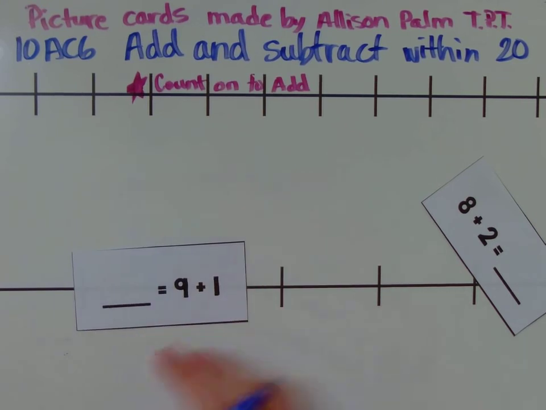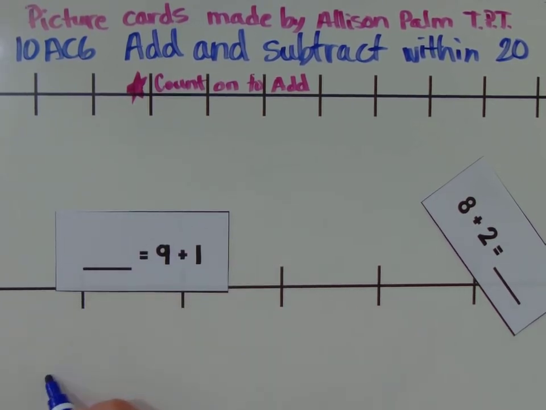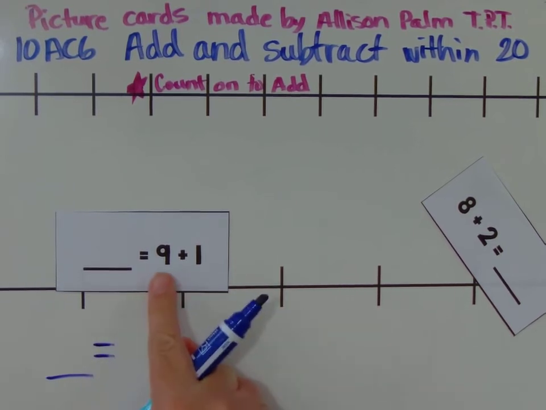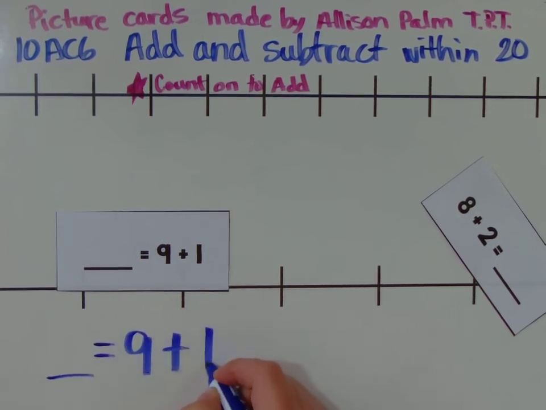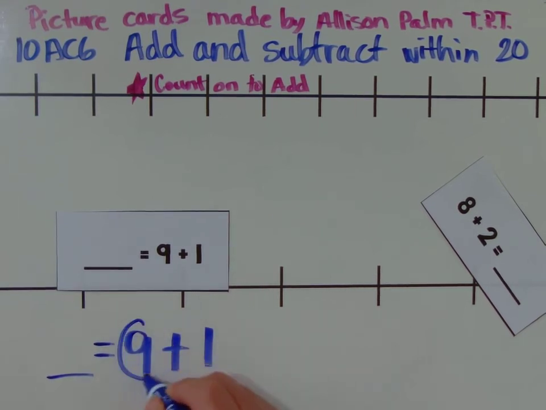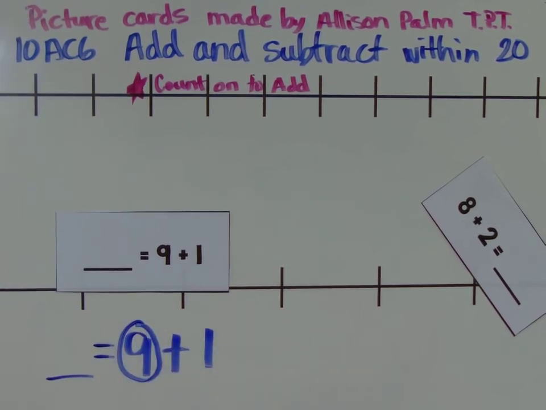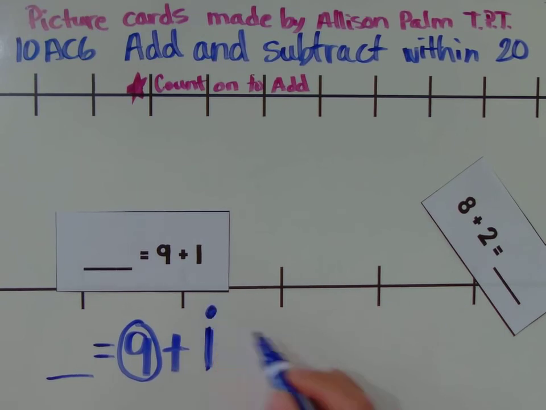Next problem. Here we have blank equals 9 plus 1. 9 plus 1. I know I like to start with my greater number, which is 9. So I'm going to draw dots to represent the number 1. 1 dot.